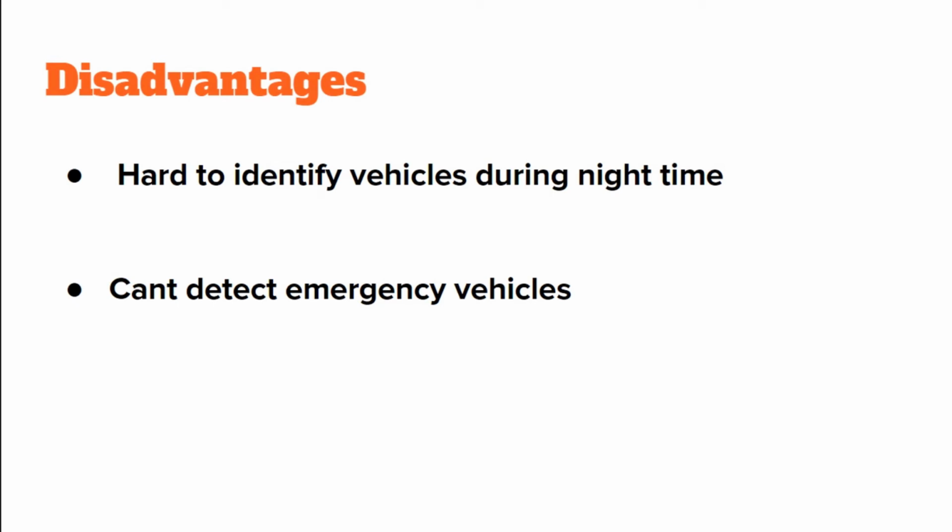In that case, we could install some night vision cameras to keep the dynamic system working as it does during the daytime. And the second disadvantage is it can't detect emergency vehicles. The proposed model does not distinguish normal vehicles from emergency vehicles like ambulances, fire brigades, etc. So there is no priority given to these vehicles.